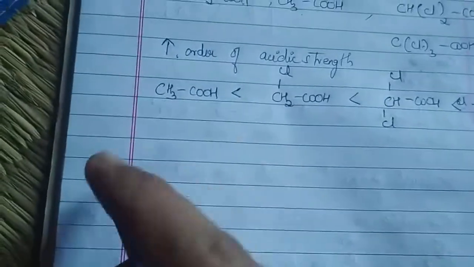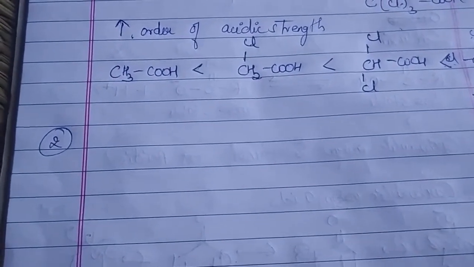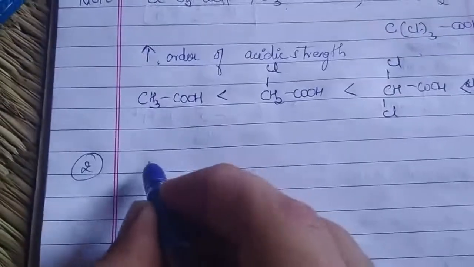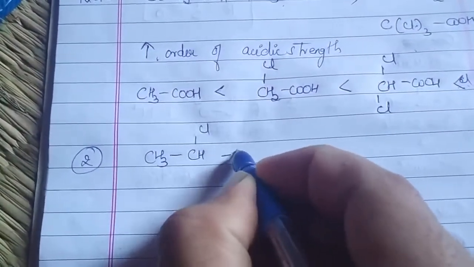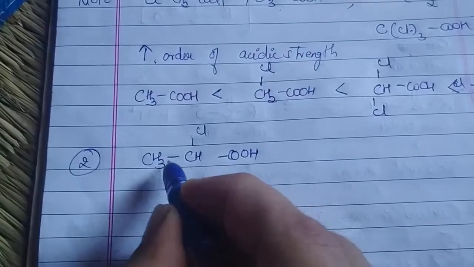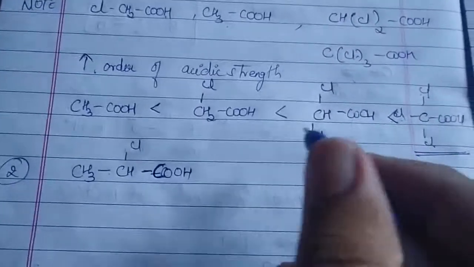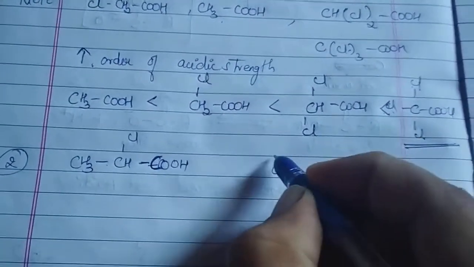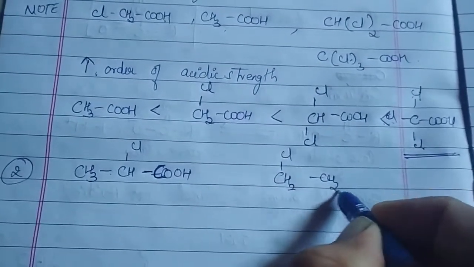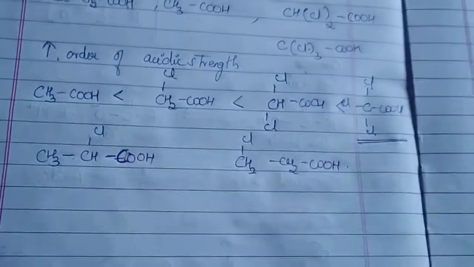Now the second additional information, let me give it to you. If I give you 2-chloropropanoic acid and 3-chloropropanoic acid, that means CH3CHClCOOH, this is your 2-chloro, and CH2ClCH2COOH, which is 3-chloro.